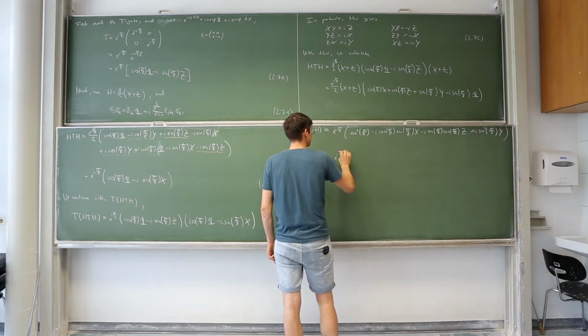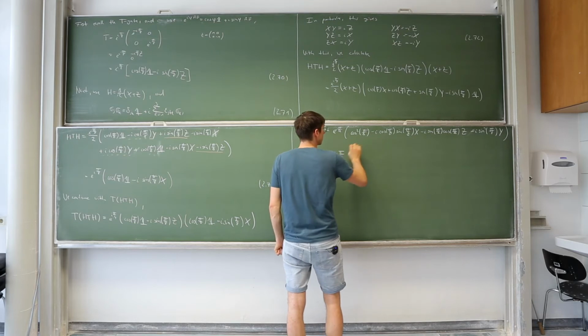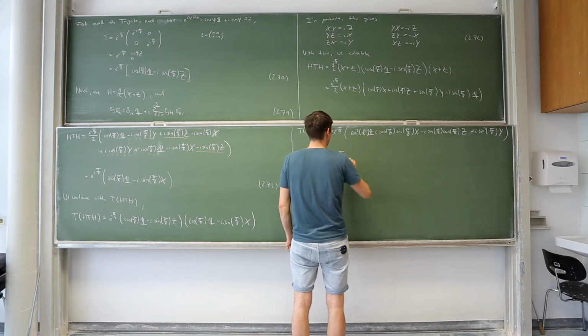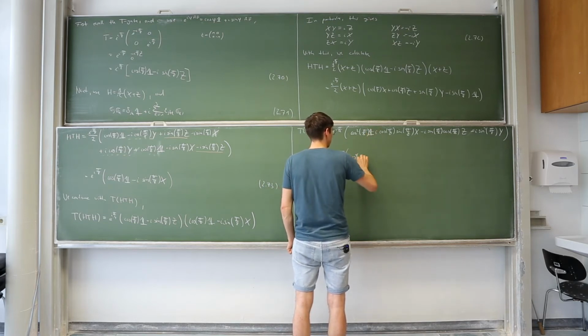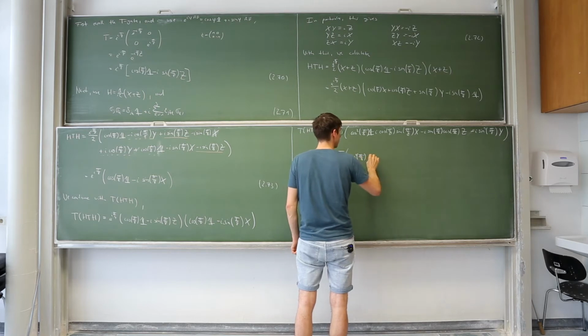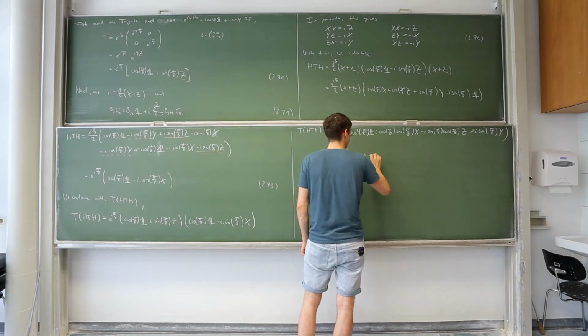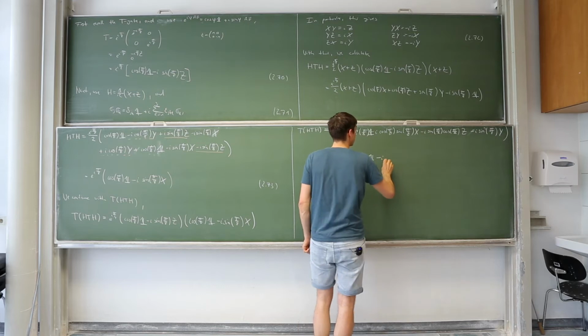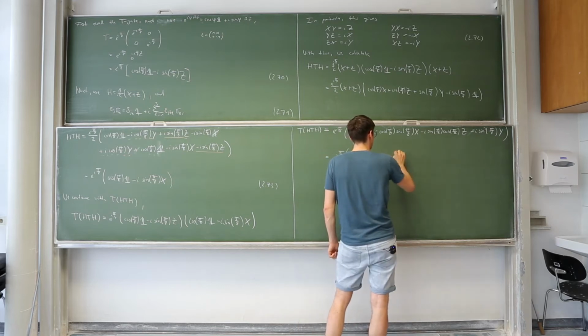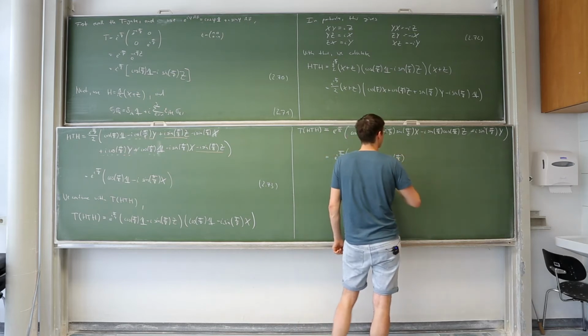Let's rewrite this. So here's the identity. We have cosinus squared in the identity. And then we have minus I times sinus pi over 8.